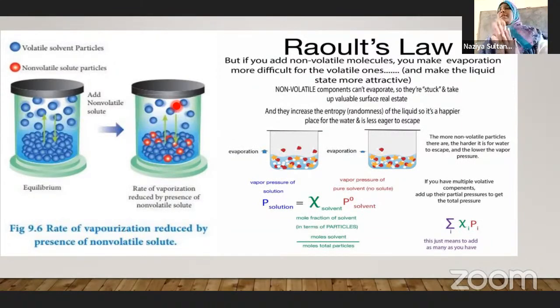The relative lowering of vapor pressure of a solution is directly proportional to the mole fraction of the solute. That means if you dissolve more solute, the lowering would be more. If you dissolve a lesser amount of the solute, the lowering would be lesser.